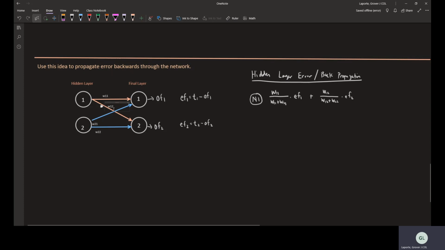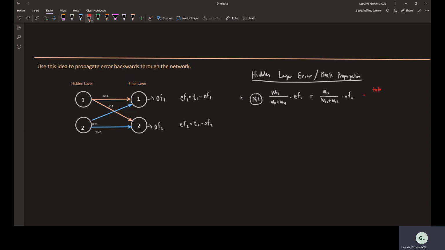Notice that this arc coming in, W12, is not the only arc coming into node 2. This one is as well. So using the same proportionality idea, I get W12 over both of these added together, and that's where you get the denominator. So this is the total error coming from that node.